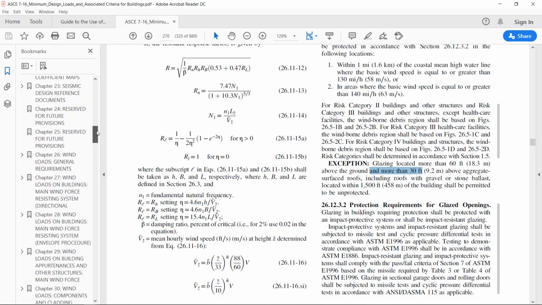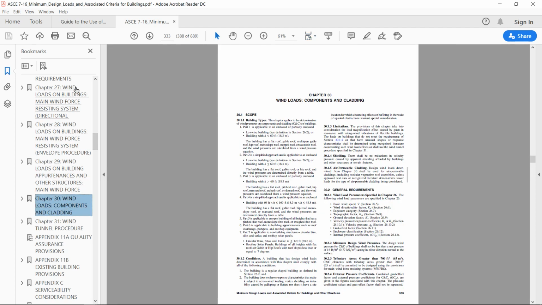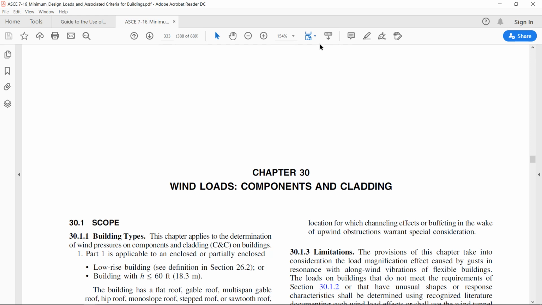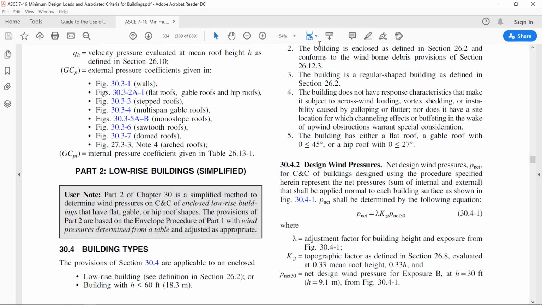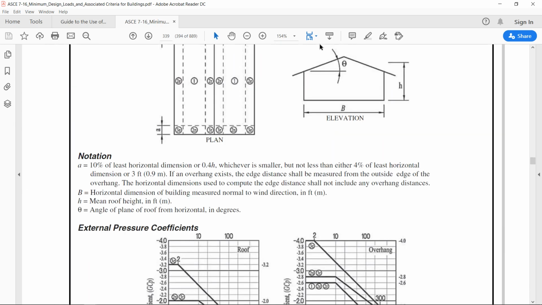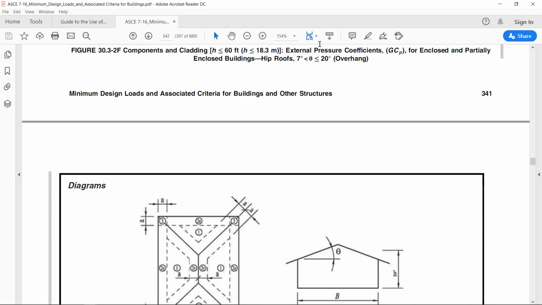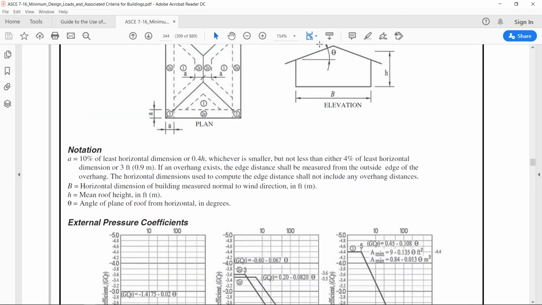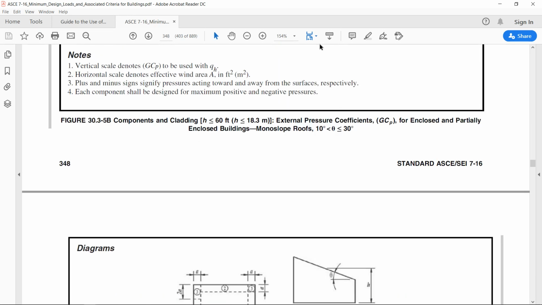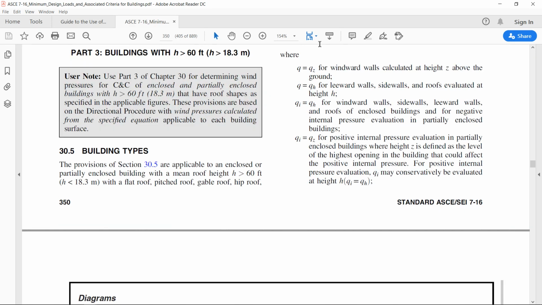Let us go to chapter 30. Part 1, Part 2, here is part 3.